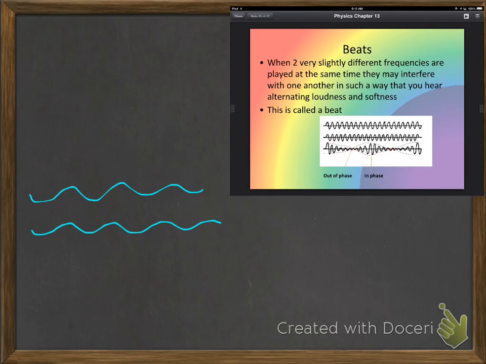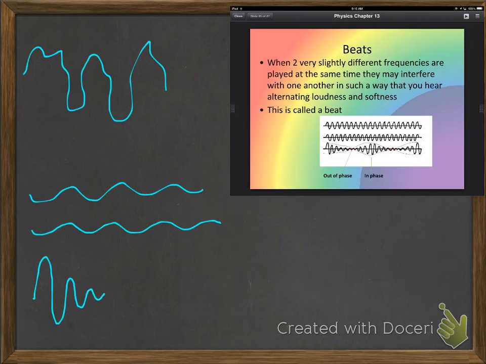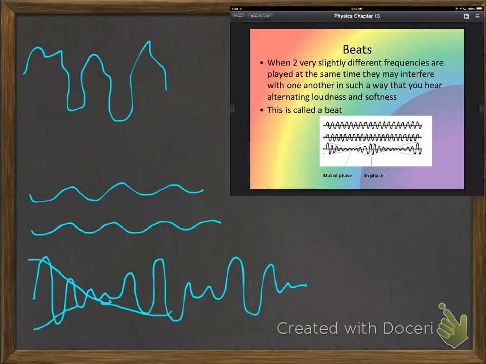They are slightly off phase with one another. So you don't get that really wacky interference pattern. What you get is constructive, destructive, constructive, destructive, constructive, destructive. And if we look at that overall, what we end up with is this tone.